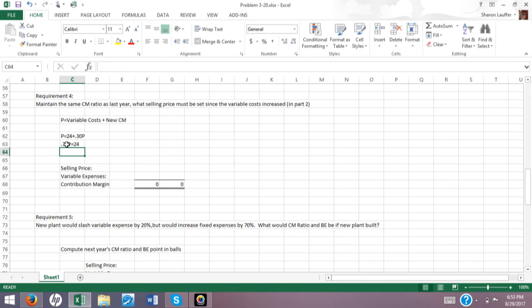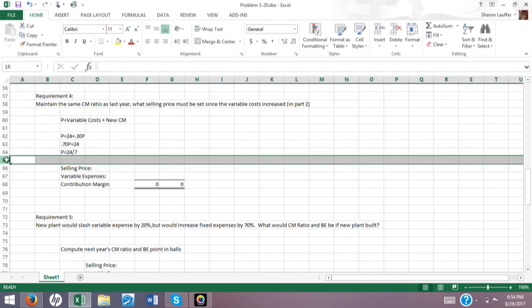Then if we divide both sides by 0.70, we have P equals 24 divided by 0.7. Oops, I should have had more lines here.